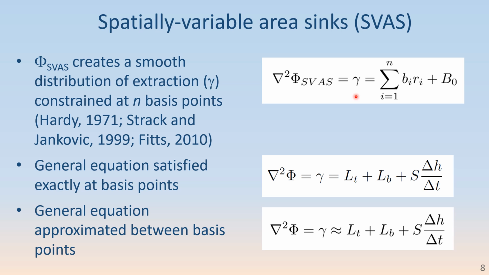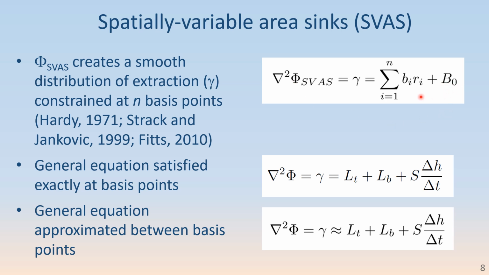And the equation for that gamma turns out to be a summation across n basis points, where b sub i is a constant and r sub i is the radial distance from the basis point to the x, y where we're evaluating this potential. The capital B naught is also a constant.